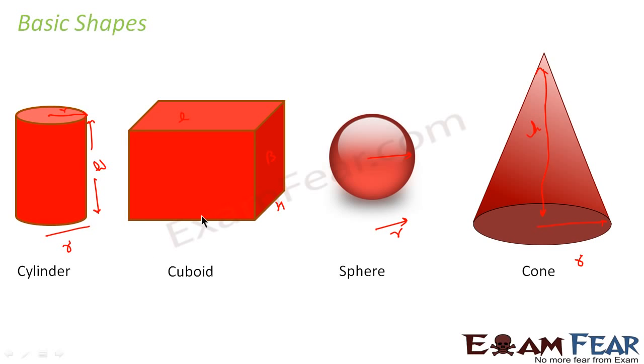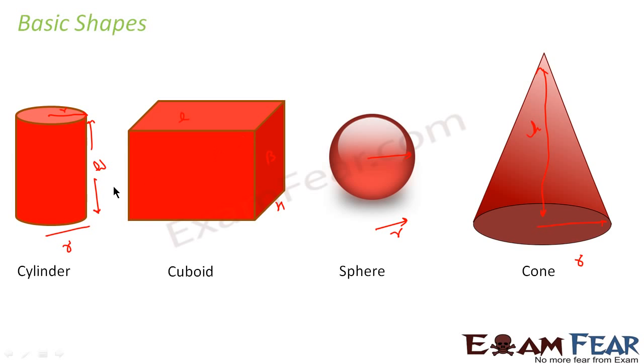It's very common figures. One common example of cone is the birthday cap, which uses cone. Sphere is football, basketball or cricket ball, anything is sphere. Cuboid, in fact your book is a good example of cuboid. If you see, the book has length, breadth and height, correct?